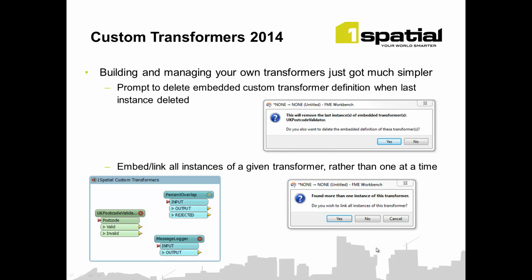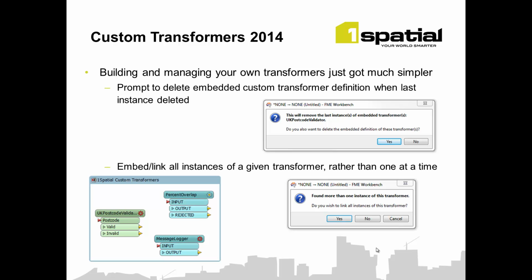Certain capabilities around custom transformers have been improved, so if you delete a custom transformer from your FME canvas, then it will delete the definition from your workflow. You can bulk embed or link all of your transformers in a workspace.